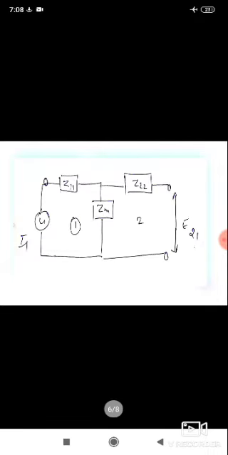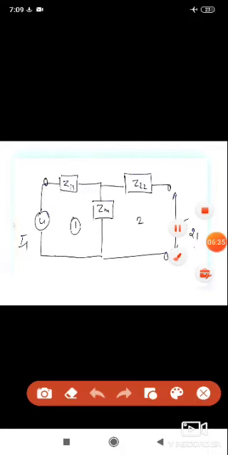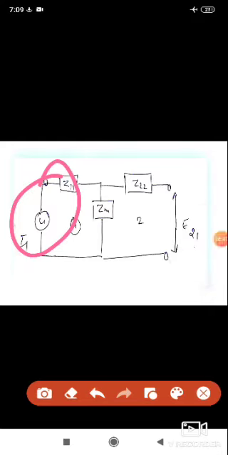Now this is the second condition, the second part of the reciprocity theorem, where we apply the EMF at the output port and measure the current at the input port. This is our output port now, so the current at the input port in this case is I1.